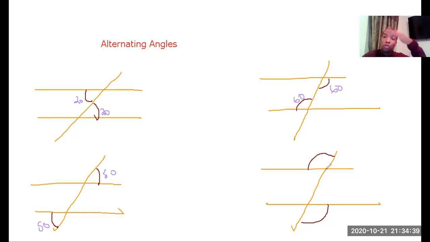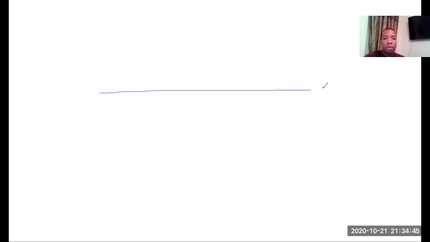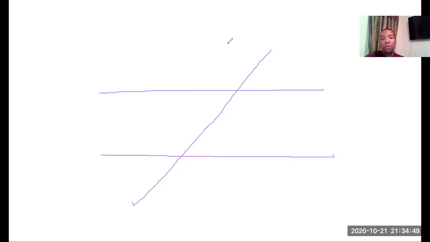And again, we use two parallel lines and we cut it with a transversal line. All right, so just a quick example. If I have two parallel lines and it was cut by a transversal, and I was given that this angle right here is 30 degrees. Just from looking at that, I already know that this angle right here is 30 because those are vertical angles.